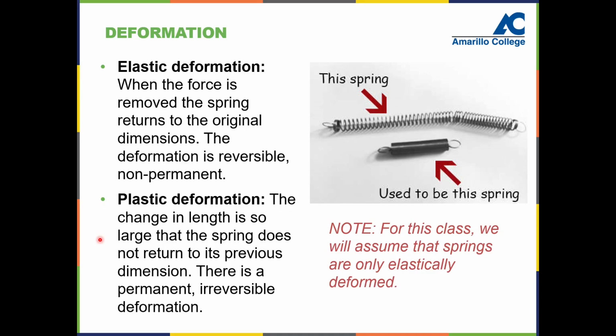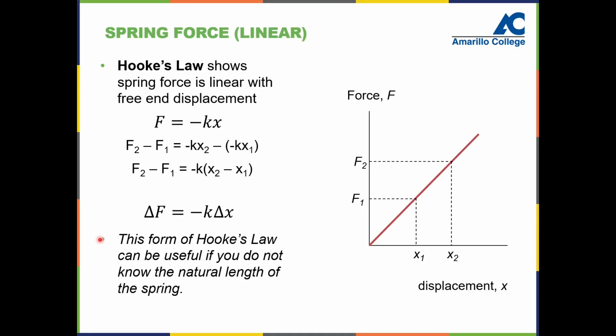If you overstretch your spring, this linear relationship is no longer true. If you get to the point where this displacement causes plastic deformation, it drops from linear and begins to flatten out like this, in which you continue to stretch the spring, but you don't get any additional force from the spring.